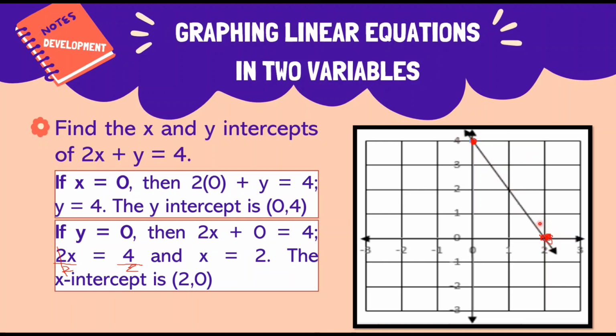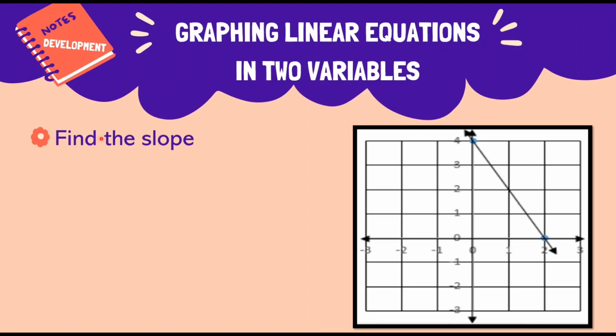Since we have the equation of the line, we have the graph. From this graph, we can find the slope of the line. That will be discussed on the next slide. Okay, so from our graph at the right, we need to find the slope.